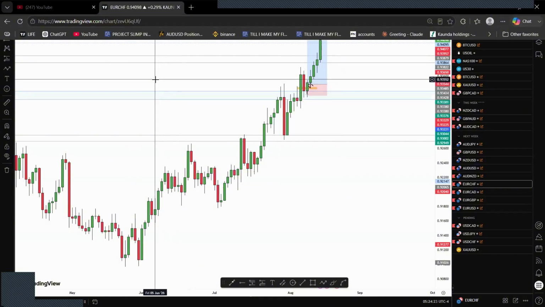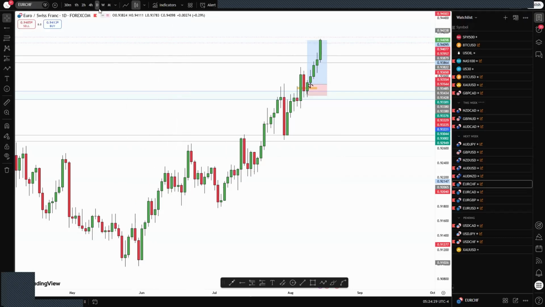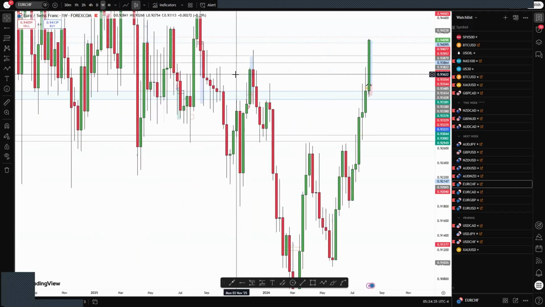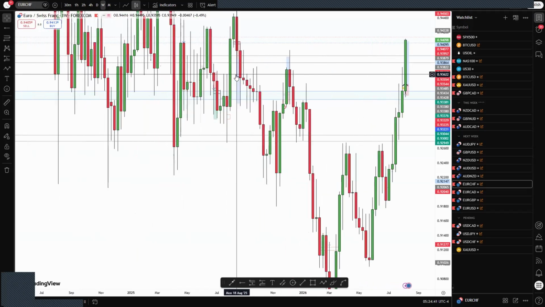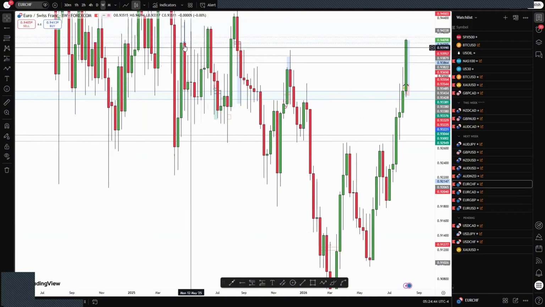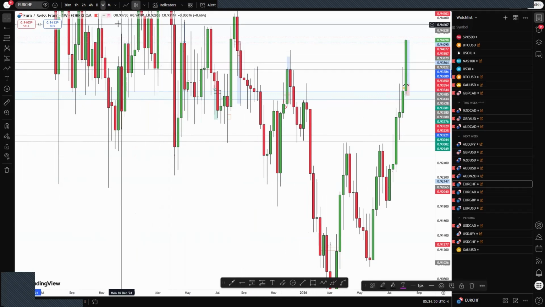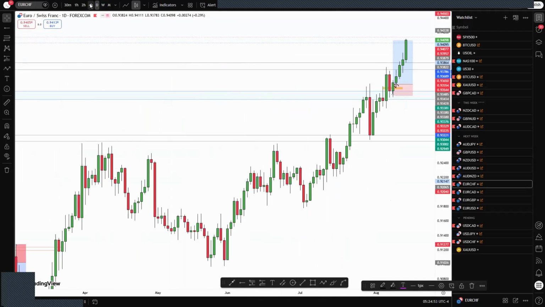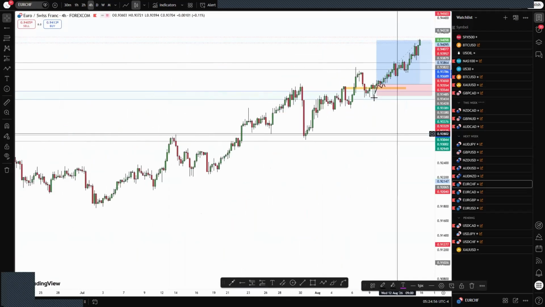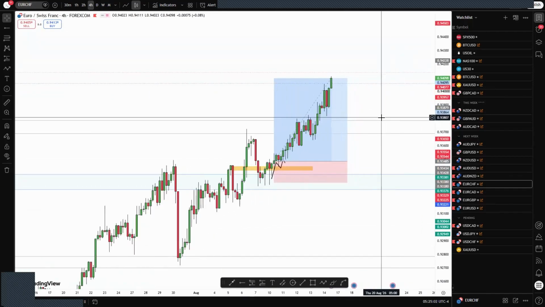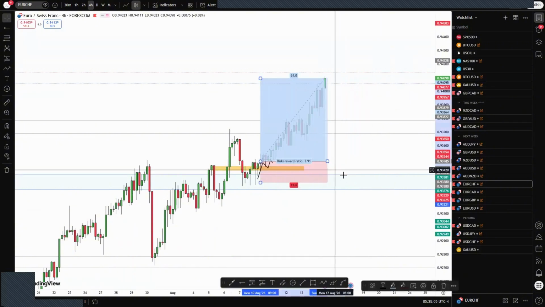How can you even join this trade? To join these buys, you have to wait for price to come back here.